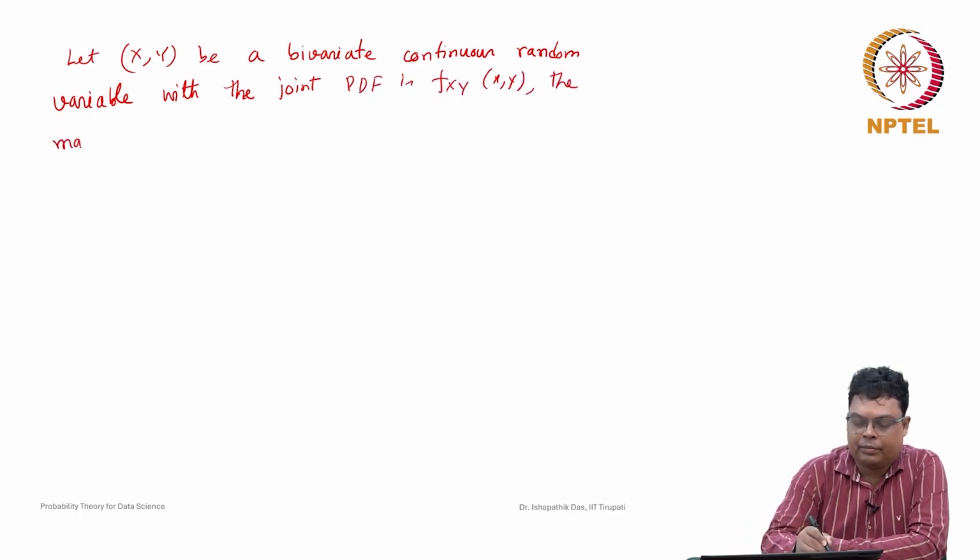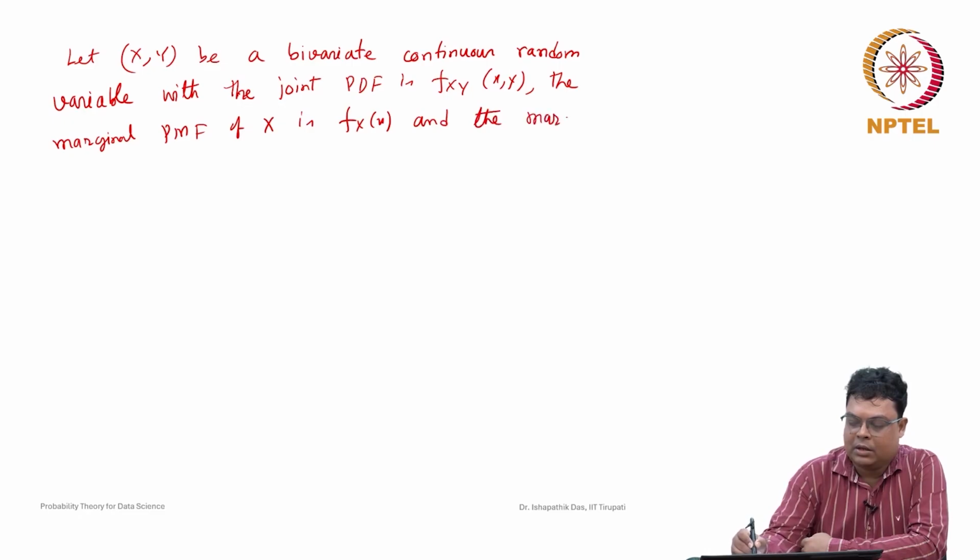The marginal probability density function of x is f_X(x). Sorry, I said probability mass function automatically, but since it is a continuous random variable, it will always be a probability density function.